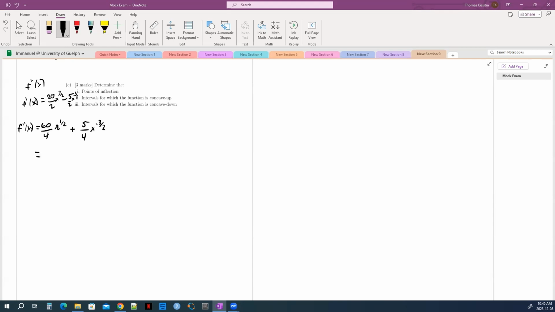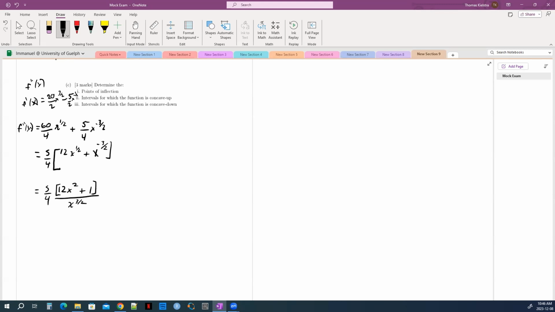And now I'm going to factor this to get 5 over 4 times 12 x to the 1/2 plus x to the minus 3/2, which gives us 5 over 4 times 12 x squared plus 1, all over x to the 3/2.